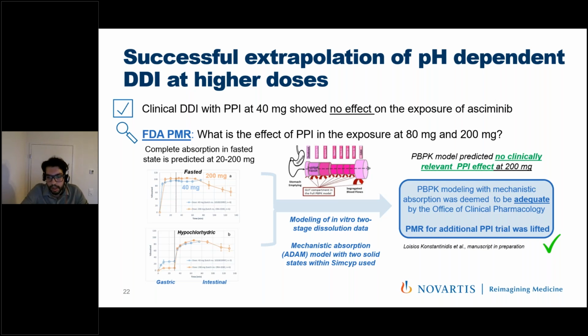What we predicted was that the absorption of asciminib between 40 and 200 milligram in the fasted state is complete. In addition, no clinically relevant PPI effect was predicted at 200 milligram or 80 milligram. The PBPK modeling approach was accepted by the FDA, and the post-marketing requirement for an additional PPI trial was also lifted.